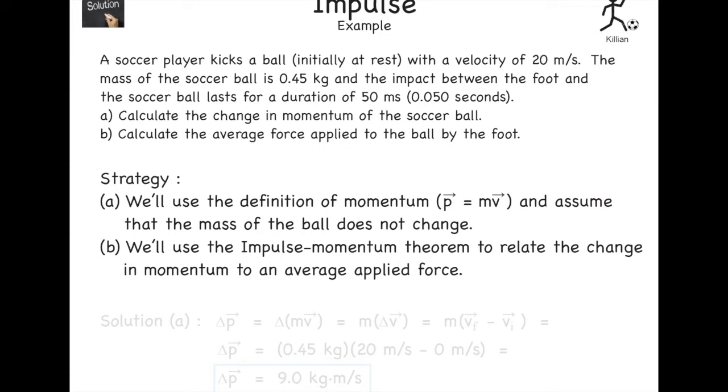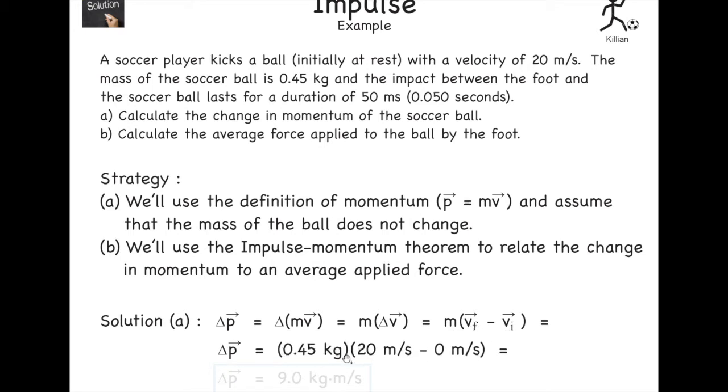Okay, so let's start with part A. The solution to part A is very straightforward. The change in momentum is just the change in mv, but we assumed that the mass of the soccer ball doesn't change, so we can pull it out front and make it m times the change in velocity. So we're basically looking at the mass times the difference between final and initial velocities.